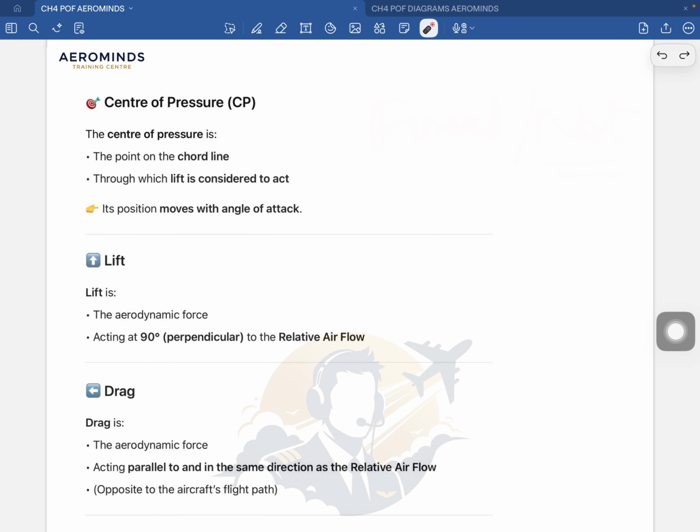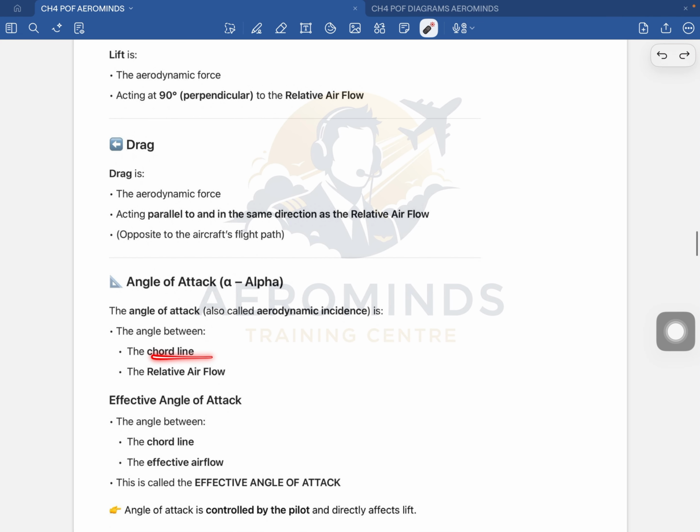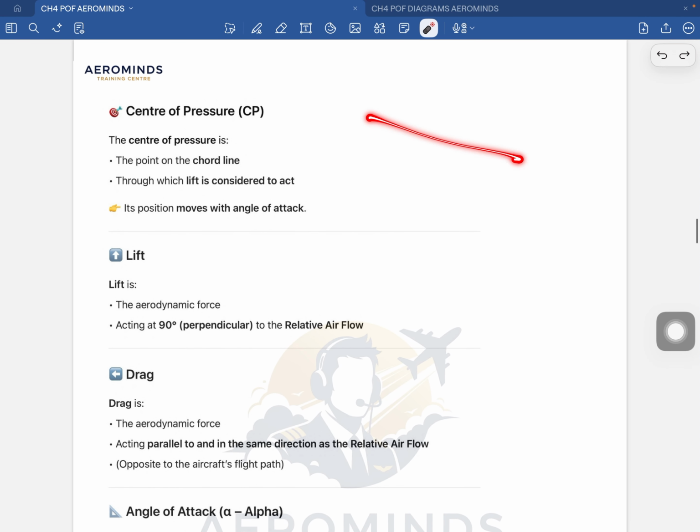Okay, so what happens at low angles of attack? The center of pressure will be closer to the leading edge. So leading edge is here, this is the trailing edge. At low angles of attack it will be near this. Okay, and as the angle of attack increases, up to a certain point it moves forward, and then it starts moving aft.